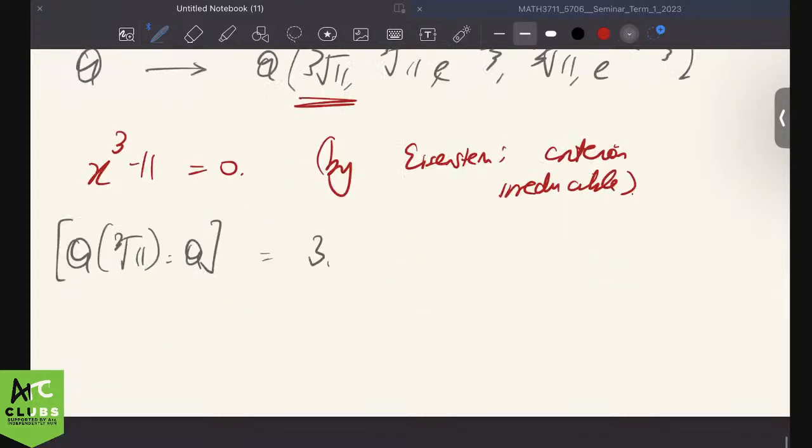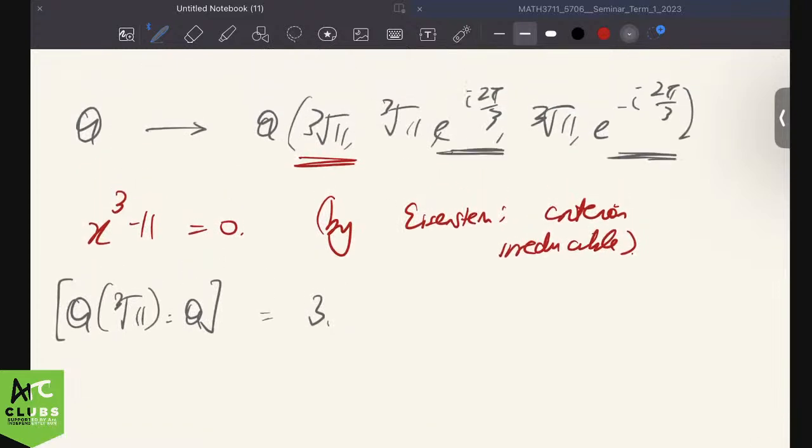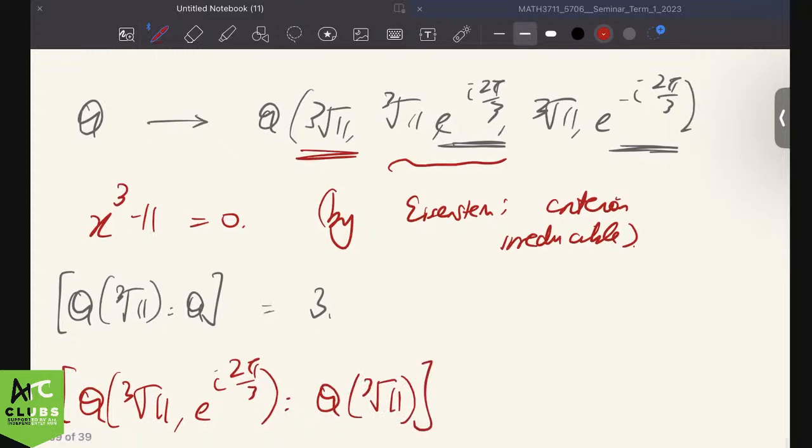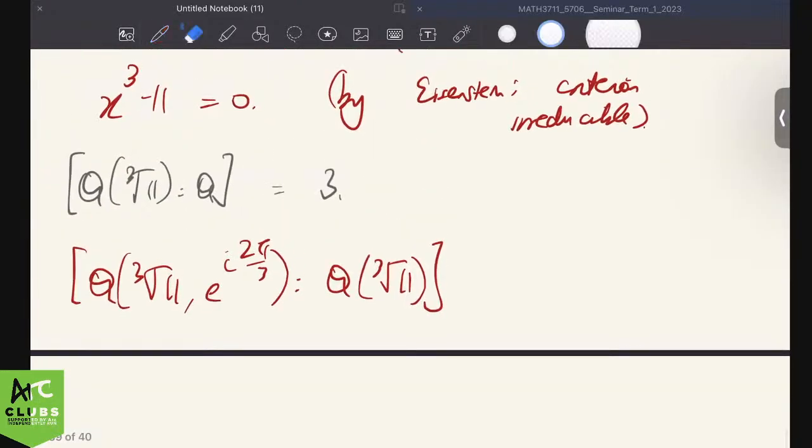Then we think about what we do to add this one. If we add this one, for example, we need to find the minimal polynomial of e to the i 2 pi on 3 over this field.